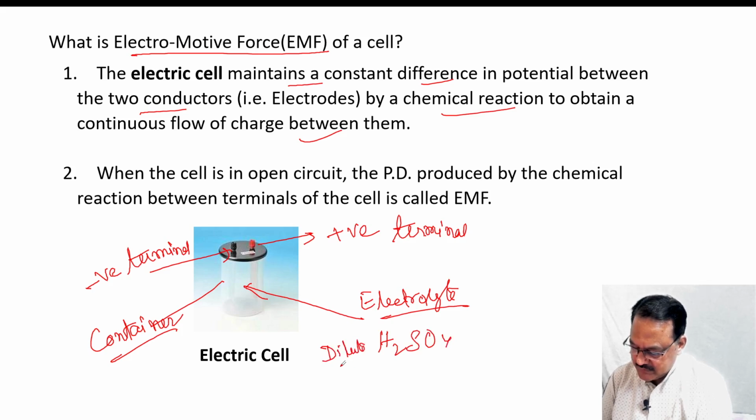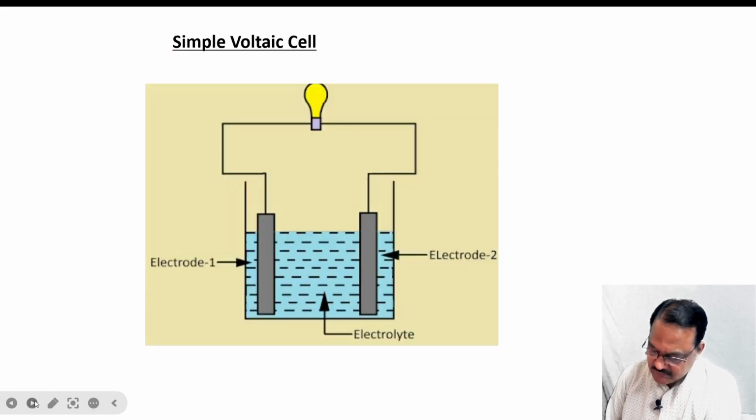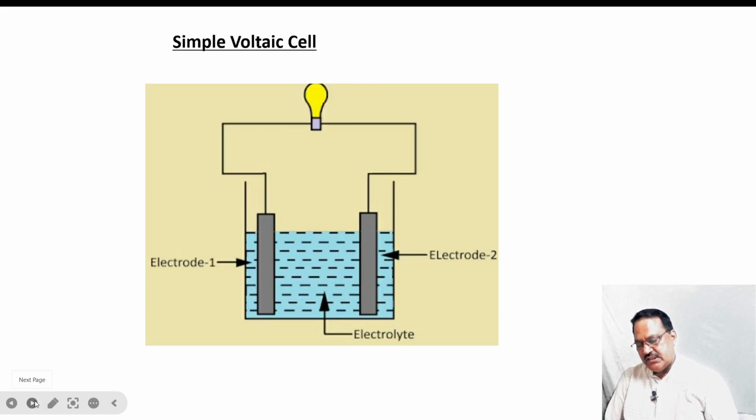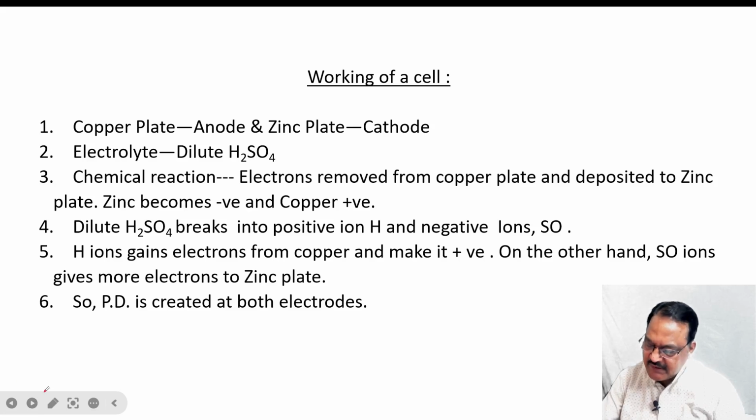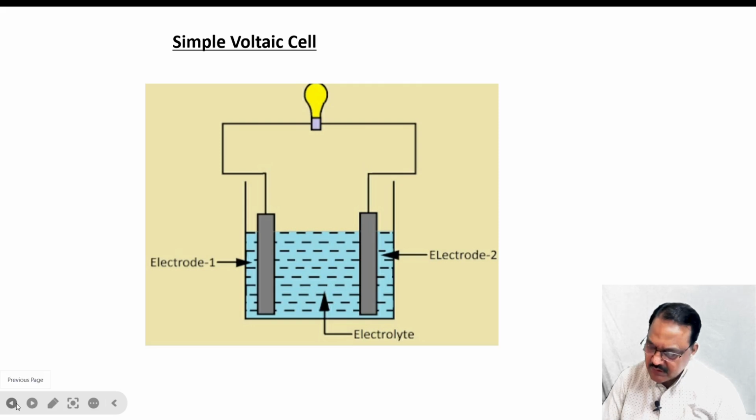Dilute means water is mixed in the sulfuric acid. It is used as the electrolyte in an electric cell. Let us know in detail the construction and working of this simple cell. The working of cells is already given here, but I will explain it, and you will see the same thing is written on that page.